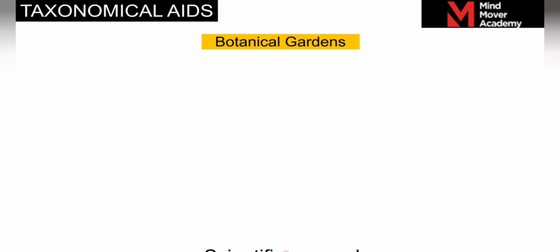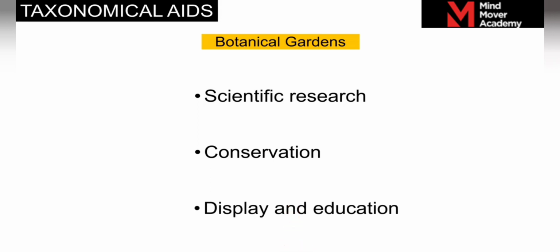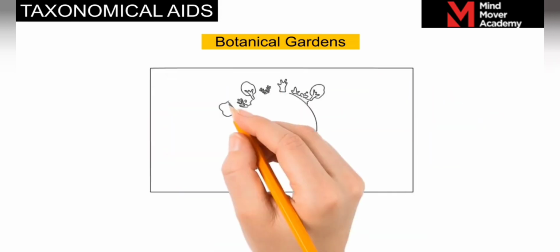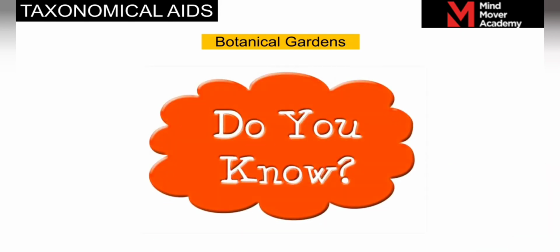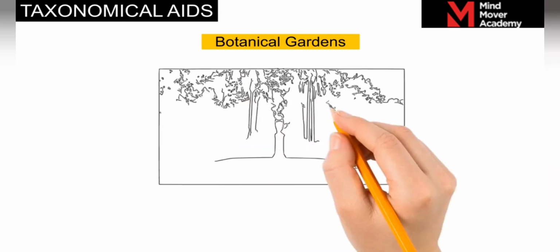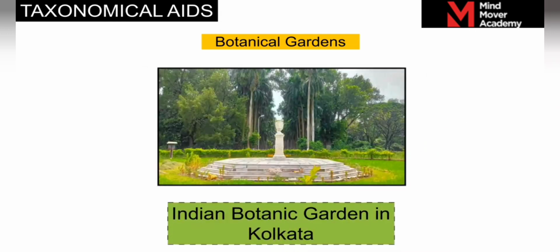Well, because they supplement scientific research, conservation, display, and education, to name a few. It is a smart way to shout out Save the Earth by conserving plants in an eco-friendly and sustainable way. So do you know the largest botanical garden of India? Yes, the largest botanical garden in India is the Indian Botanic Garden in Kolkata.